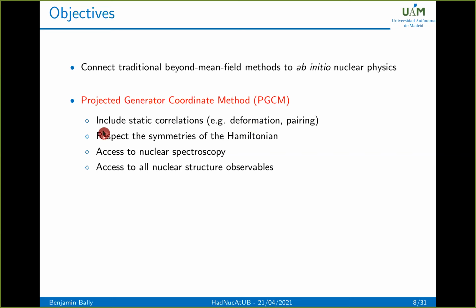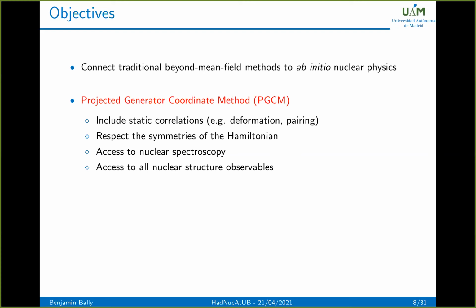Also, it's a method that, as we will explain, respects the symmetries of the Hamiltonian, and that can access the full nuclear spectroscopy, excited states, and compute basically all the interesting nuclear structure observables, and also observables for decay.